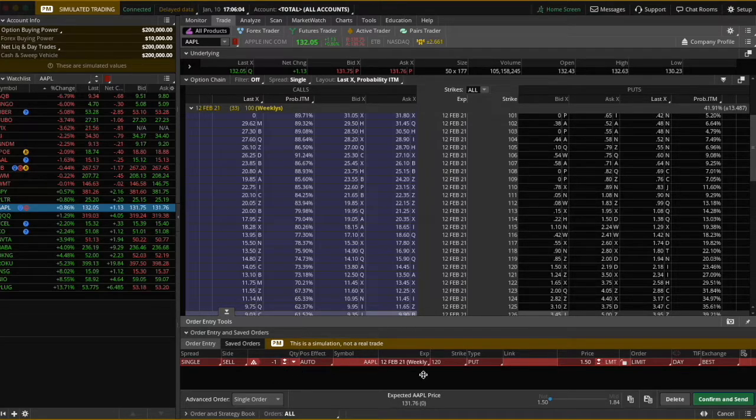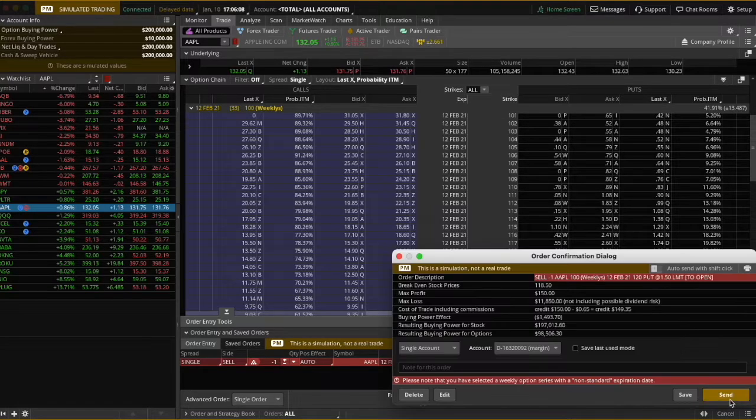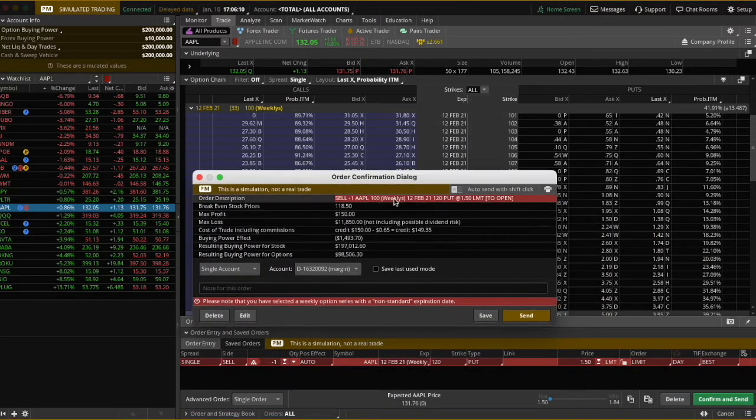So once you've reviewed the details in here, we could just go and confirm send this trade. And it will prompt you with another page or dialogue that basically summarizes the trade. So you have here max profit at $150, which is essentially the premium that you receive for selling the put option.